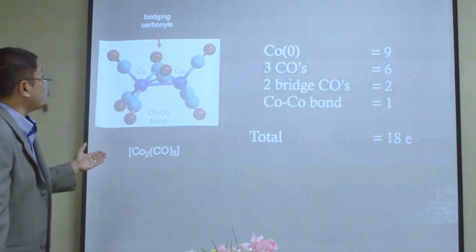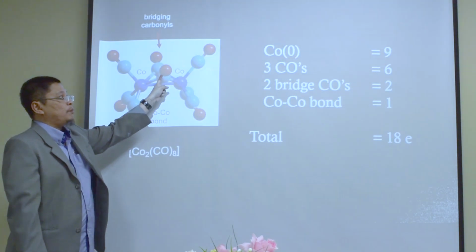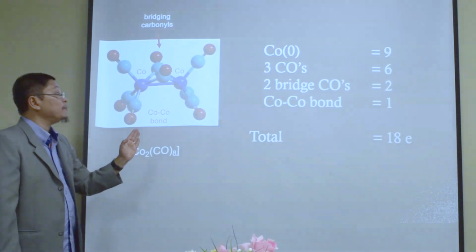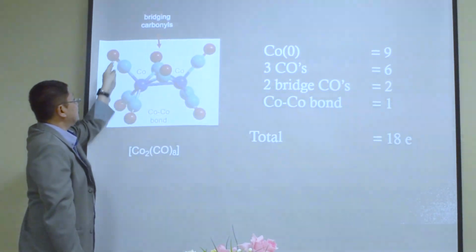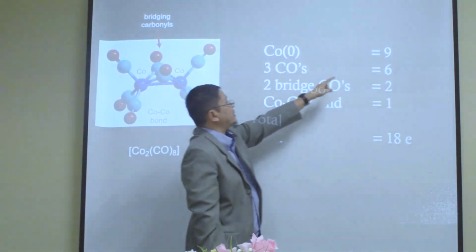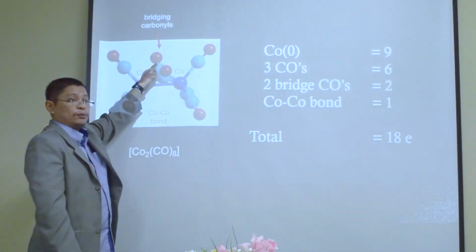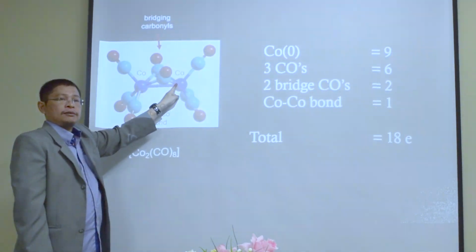This is another example where we involve what we call a bridging CO. This one we can also do individually. For example, this Co is in group 9. Each one has 3 terminal CO, so that becomes 6, and it has a bridging CO. This is the bridging CO. It will contribute 1 electron to each metal.